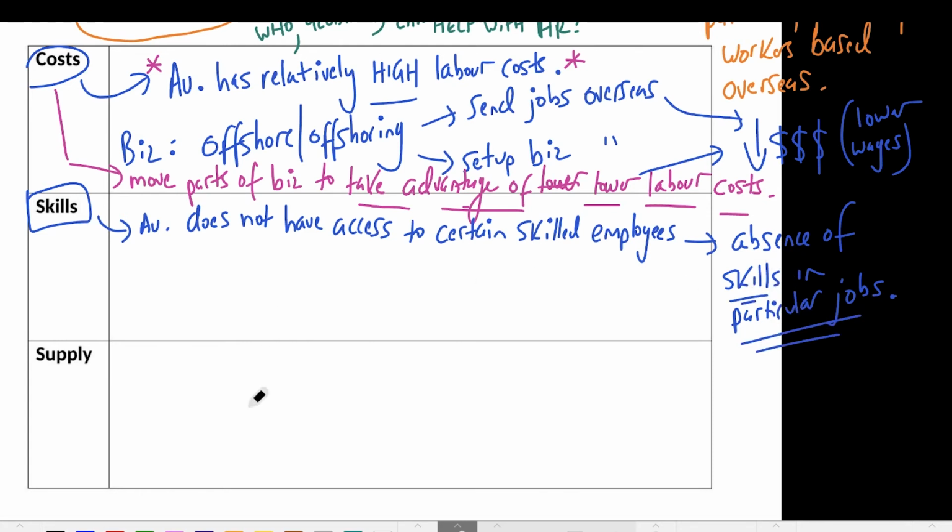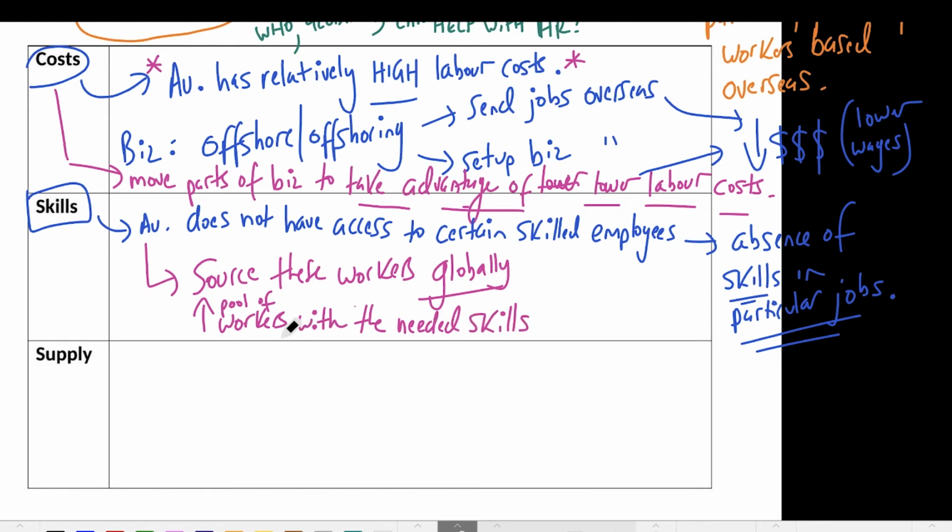So then a business can source these workers globally. We can increase the pool of workers that have the needed skills. So we don't have to be limited by a lack of skills locally. So costs, that's about high costs. Skills here, we're talking about a lack of skills.